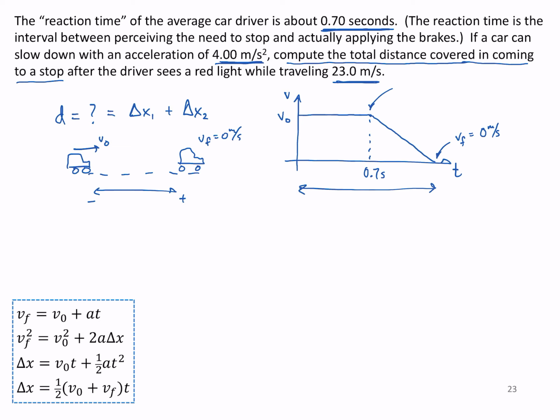It doesn't actually change anything about the problem except the signs of the numbers that you're going to be putting into your equations, but it still tells you the same thing in the end. Anyway, we'll say that the initial velocity is to the right, and so their displacements are going to be to the right, and that means that the acceleration that it experiences is going to be to the left, negative, to slow it down from 23 meters per second to 0.